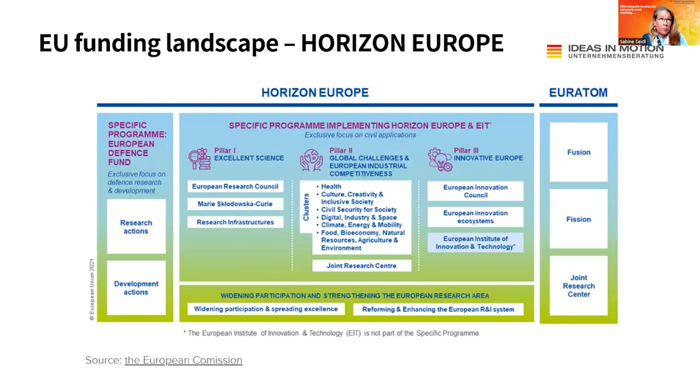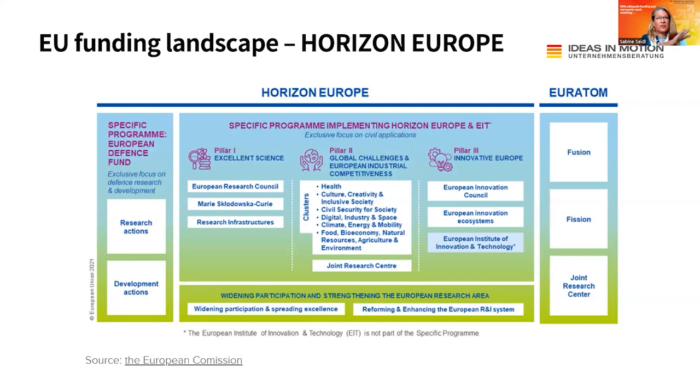So maybe most of you know this graphic: the largest EU funding program is Horizon Europe with around 95 billion euros budget for the next seven years until 2027.